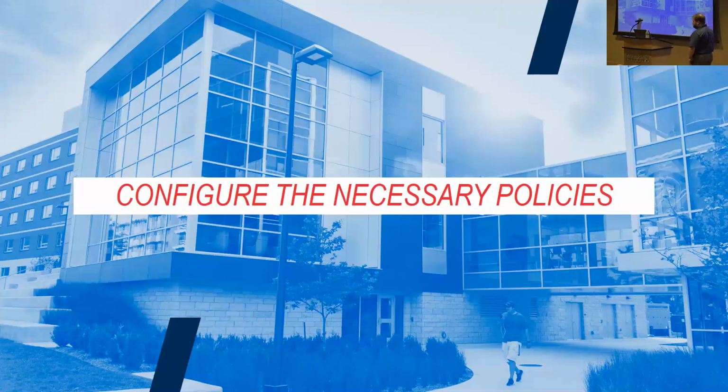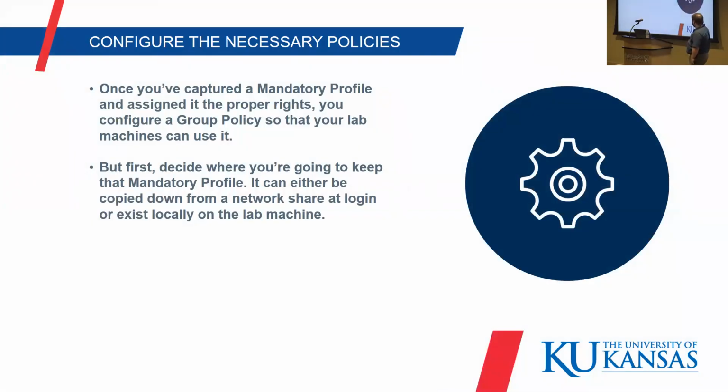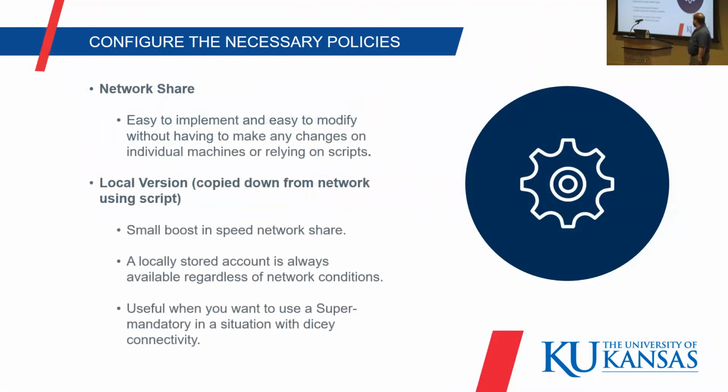So now that you've made a hopefully working mandatory profile, you still need to put in place group policies to make use of it on your lab machines. So the first order of business is to determine where you're going to keep this thing. You can either keep it on a network share, which is really easy to change, really easy to distribute to all of your machines.